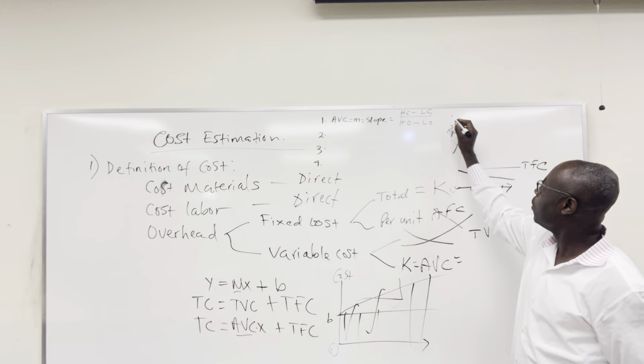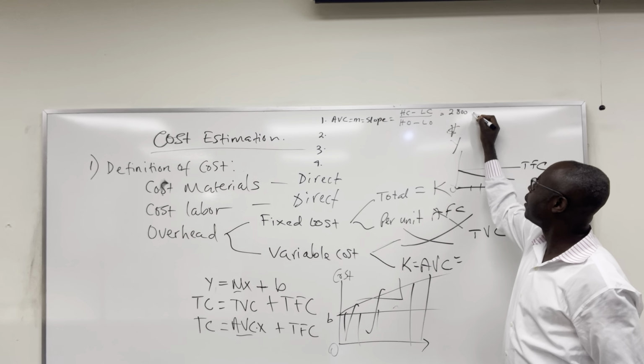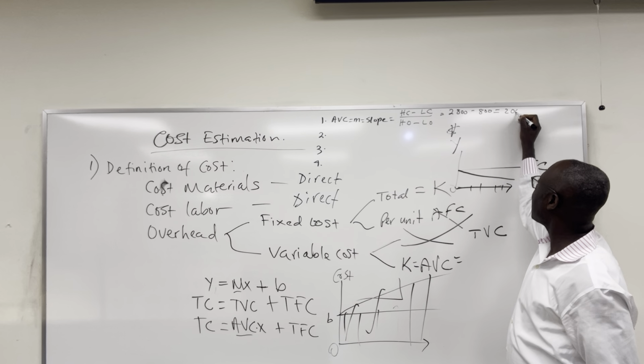So for example, if our highest cost was 2,800 and our lowest cost is 800, then that difference gives us what? 2,000.